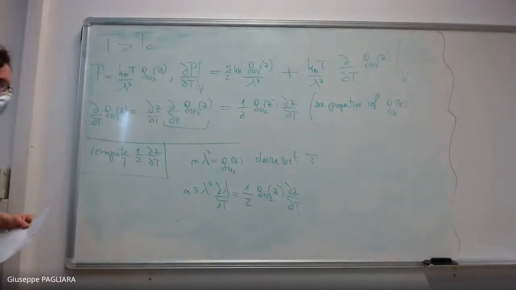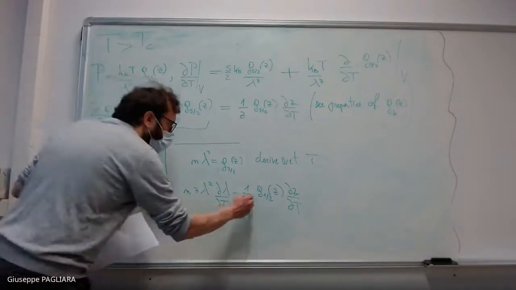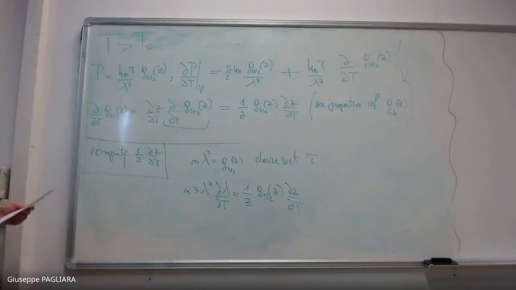Okay, so 3n lambda squared, let me check if I have the correct result, is 1 over z, g_{1/2}, derivative of z.